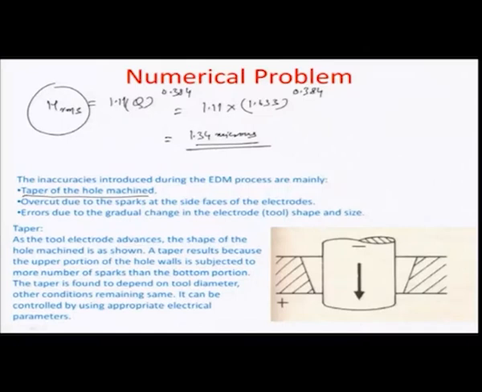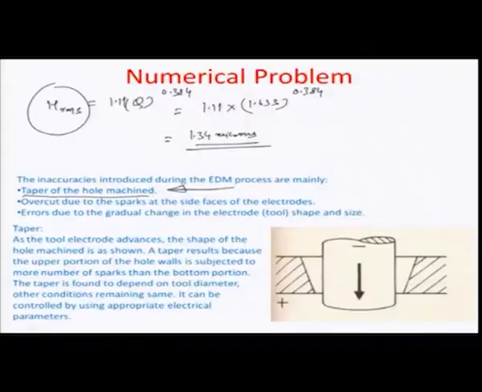So the taper of the machined hole in an EDM is a major inaccuracy, due to which you have to suitably design the electrode sometimes, so that it compensates for this taper and you can have a straight cut.